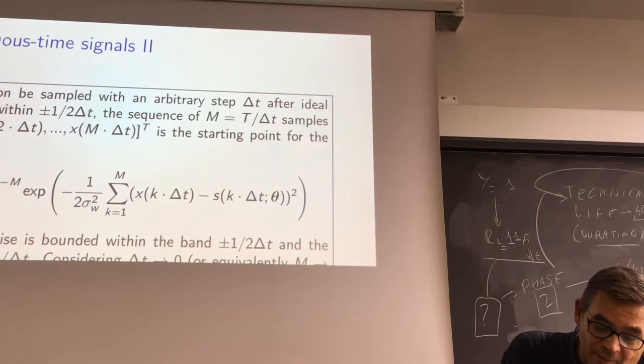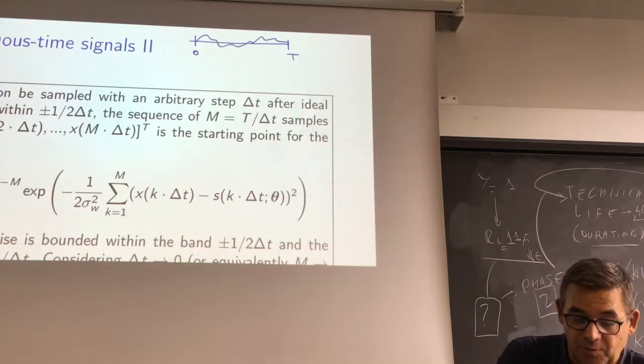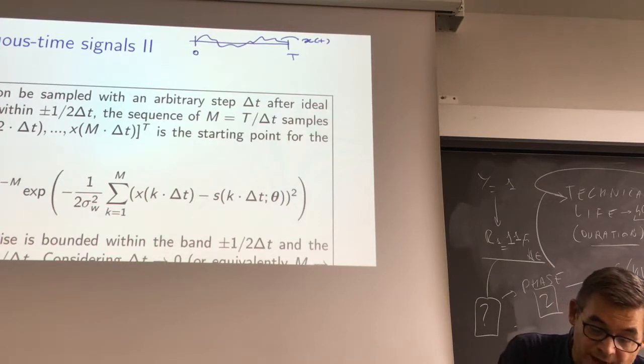Now, I have my observation that goes between 0 and capital T. This is the signal which I've measured, x of t. Now, what I can do is sample that. Sampling means extracting the signal regularly in time.